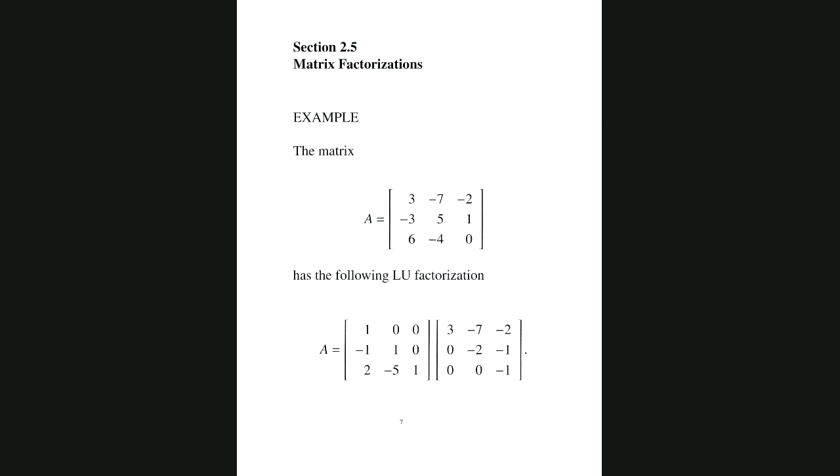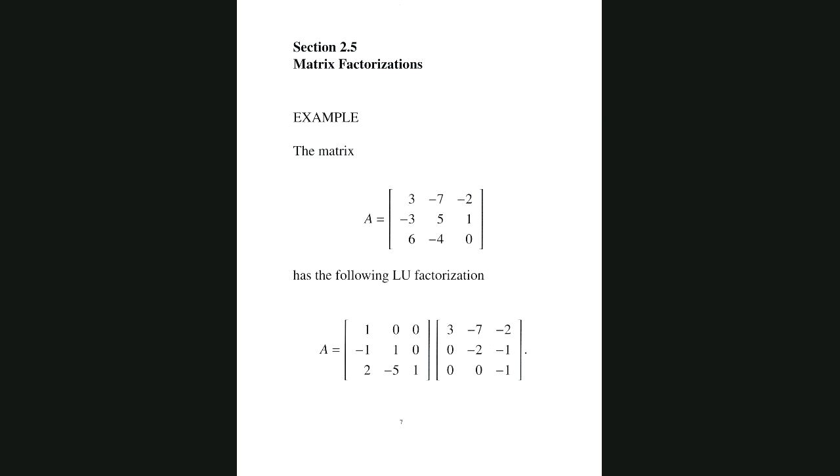Lower and upper, that's right, Sega. L is what's called a lower triangular matrix, because there are zeros above the diagonal.